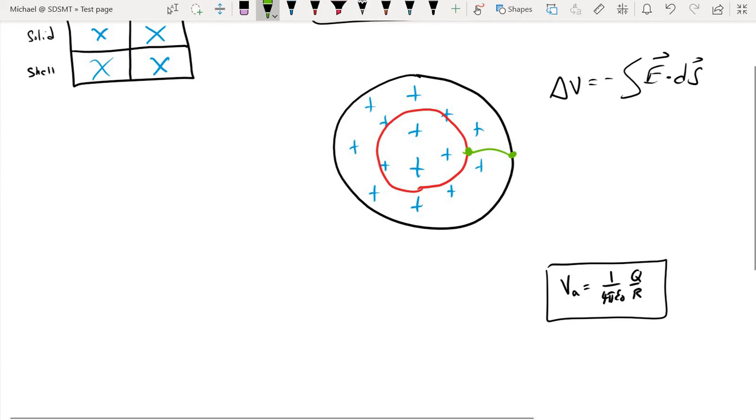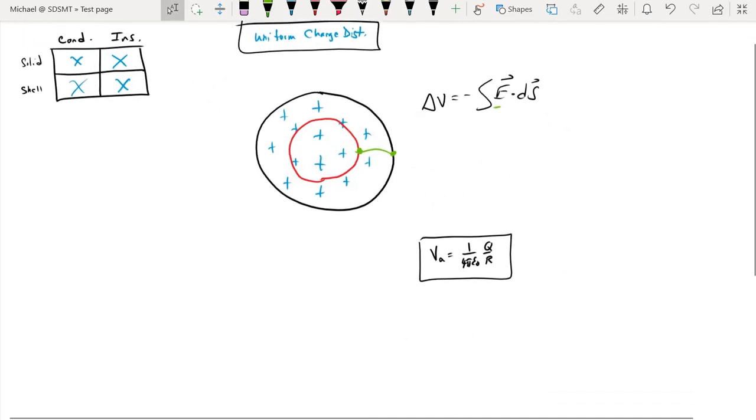As far as Gauss's law is concerned, the charge outside of our Gaussian container does not contribute to producing electric field, but any charge outside of our Gaussian surface will contribute to electric potential. And so what we need to do now is we need to do a combination of the two systems.